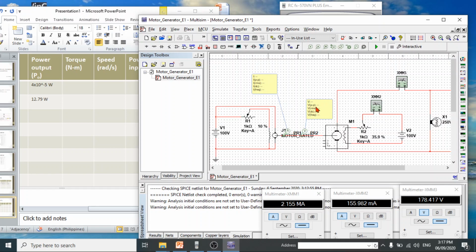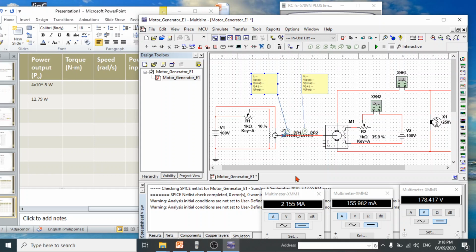Click. Then you may adjust it anywhere you want in the working area. Take note the unit of the speed is radian per second. Although the measurement will give you volts, just omit the volts and replace that with radian per second. For the clamp meter, you need to ignore the ampere unit. We replace that one with Newton meter.